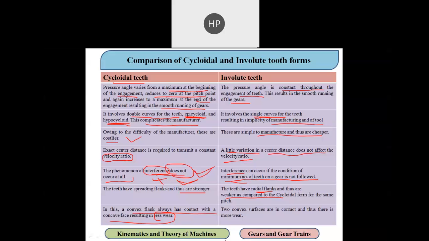Here convex and concave, two opposite surfaces are in contact, so the wear is less. But in the involute we have two convex surfaces in contact, and therefore the wear is more as compared to the cycloidal tooth. Okay, so this is the difference between the cycloidal tooth and the involute tooth.